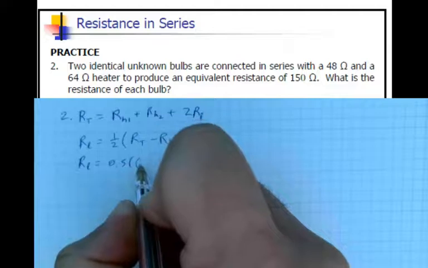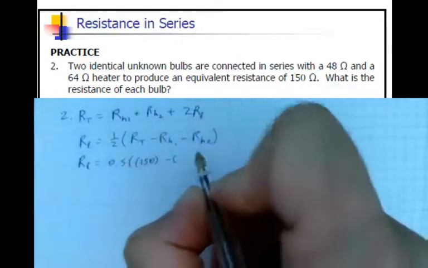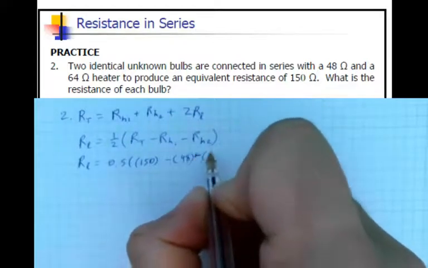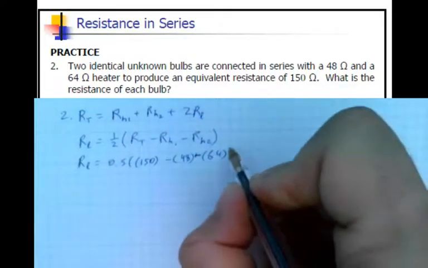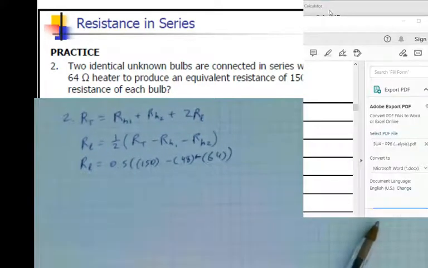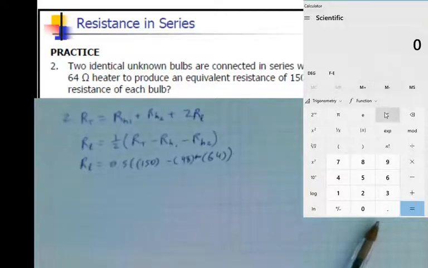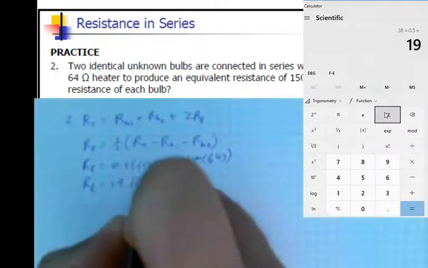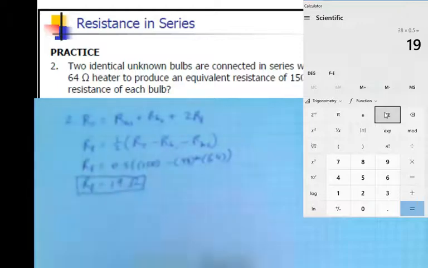RT is 150, RH1 is 48, and RH2 is 64. On the calculator we simply do 150 minus 48 minus 64 times 0.5. Each light bulb has a resistance of 19 ohms in that case.